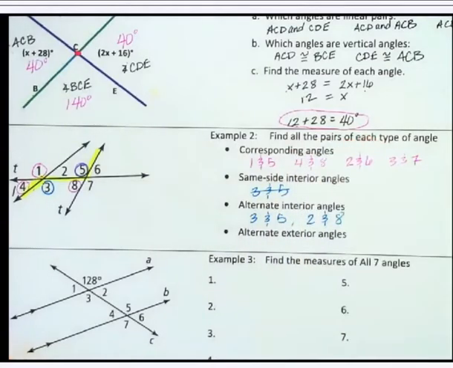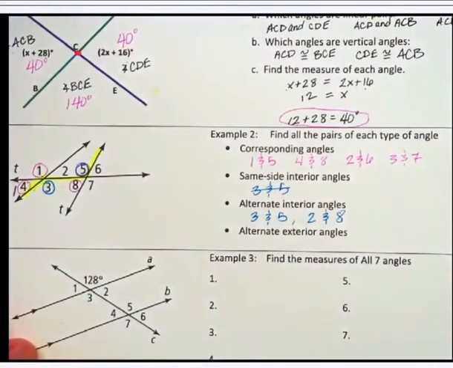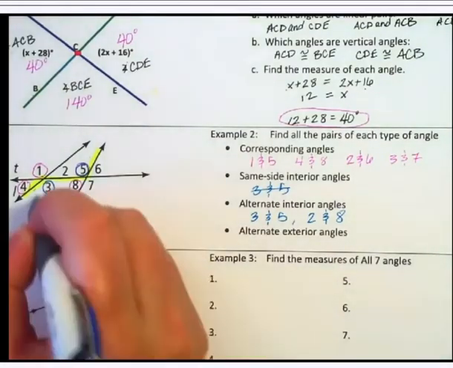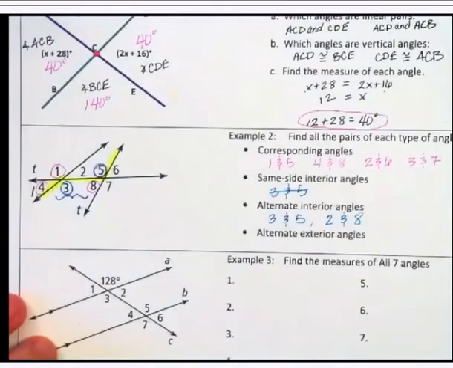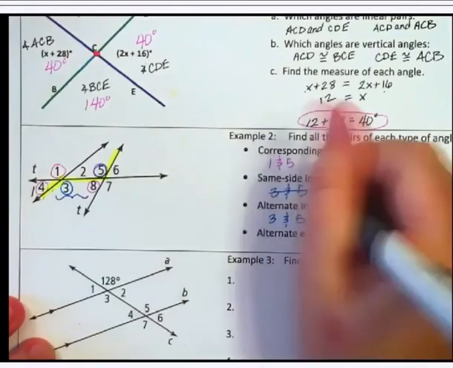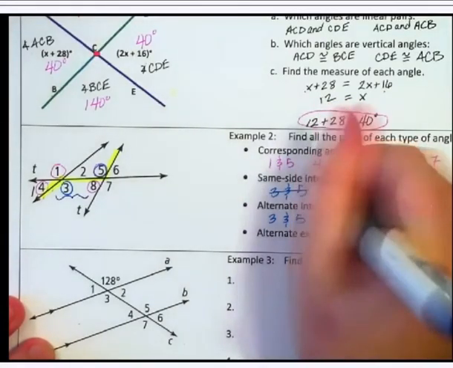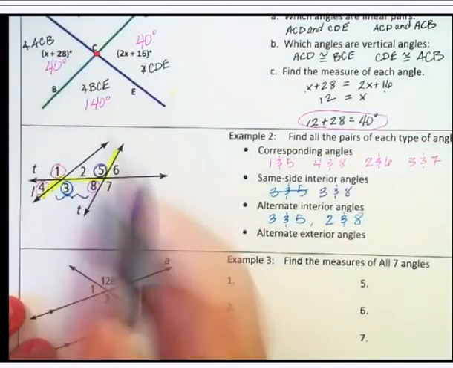All right. Same side interior. You get a different color, I guess a darker blue. 3 and 8 are on the same side of the transversal, and they're both inside here. So 3 and 8. And then also on the other side, I have 2 and 5.